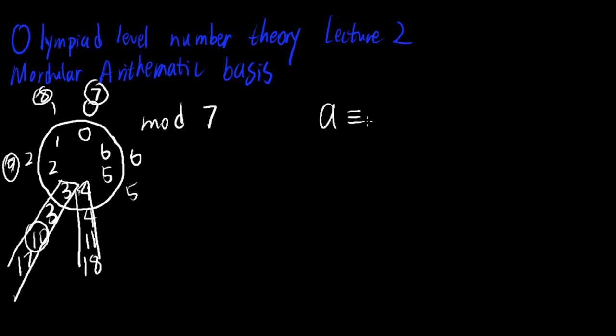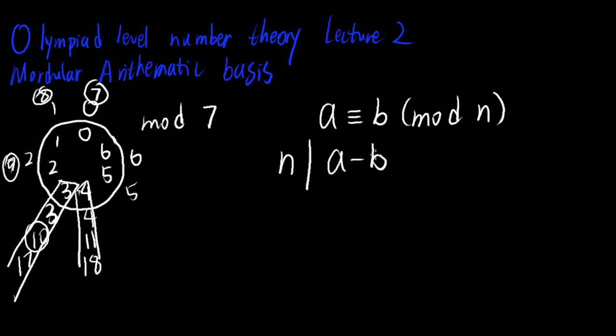When we write A is congruent to B modulo n, we mean A and B have the same remainder when we divided by n, and we can express it by divisibility: A minus B is divisible by n, because they have the same remainder, right? So A minus B must be a multiple of n.